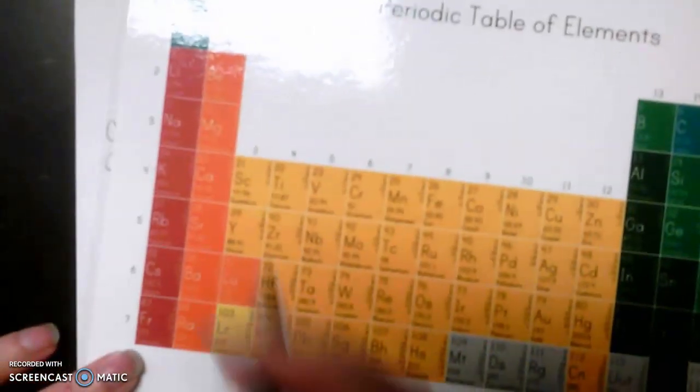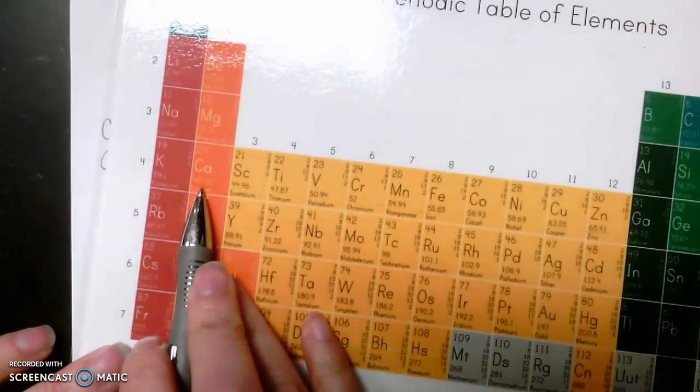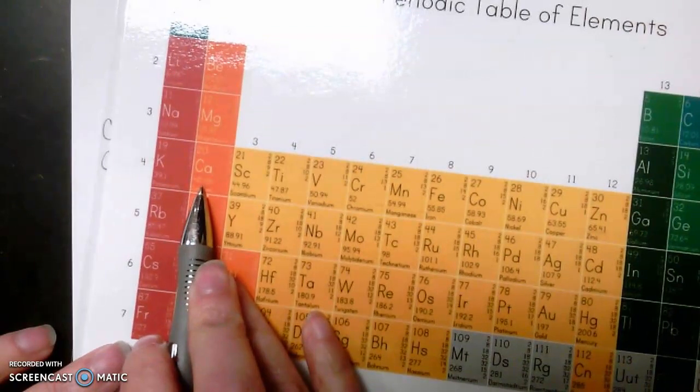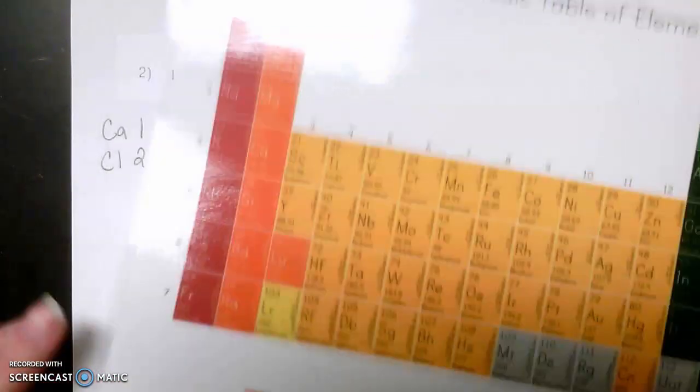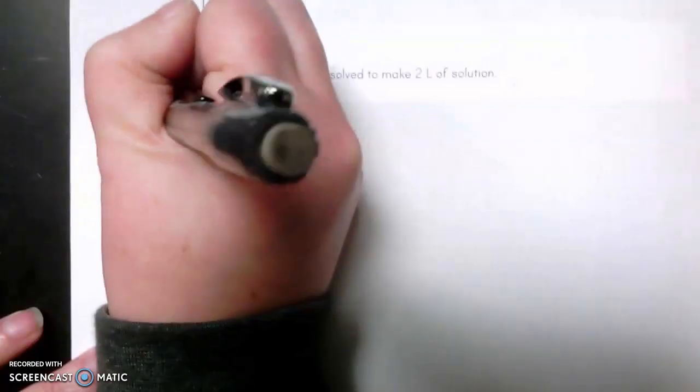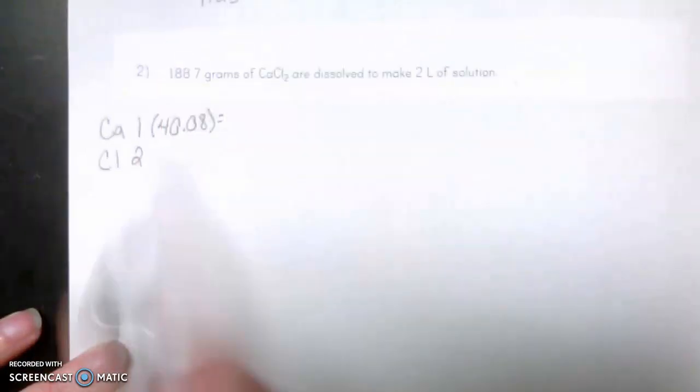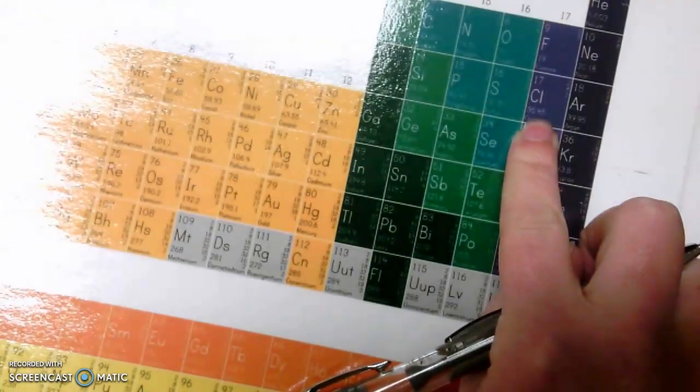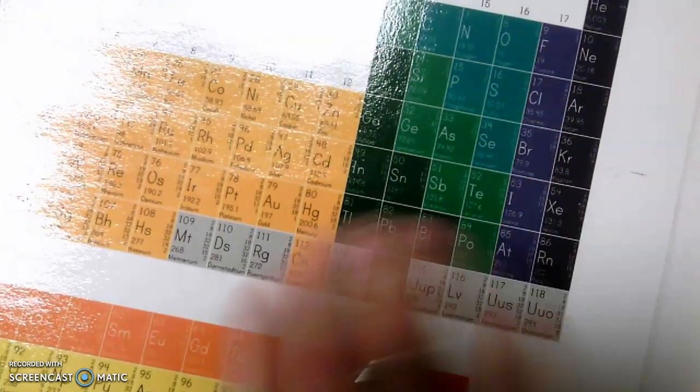Again, you need your periodic table. So calcium over here has an atomic mass of 40.08. And chlorine, remember, is 35.45.